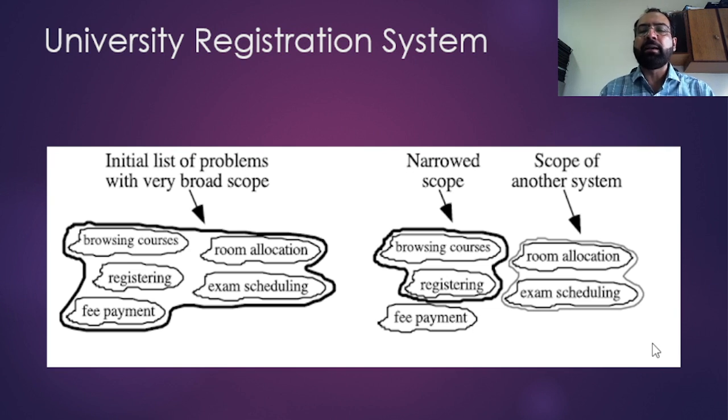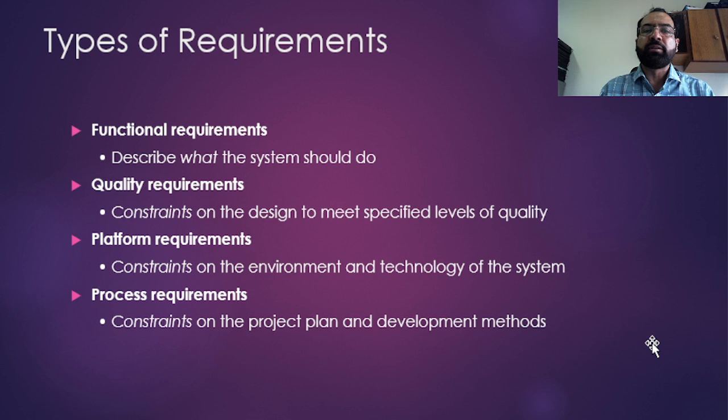So find out all the possibilities and then try to determine what your scope is. In a university registration system, the users might want to implement many functionalities, but they might prioritize them in terms of their requirement. So you can also narrow down your scope as per the user requirement.